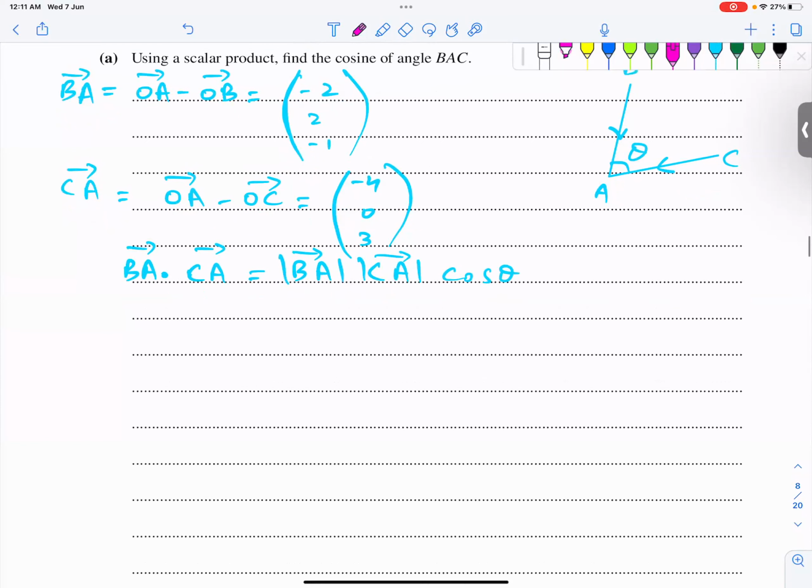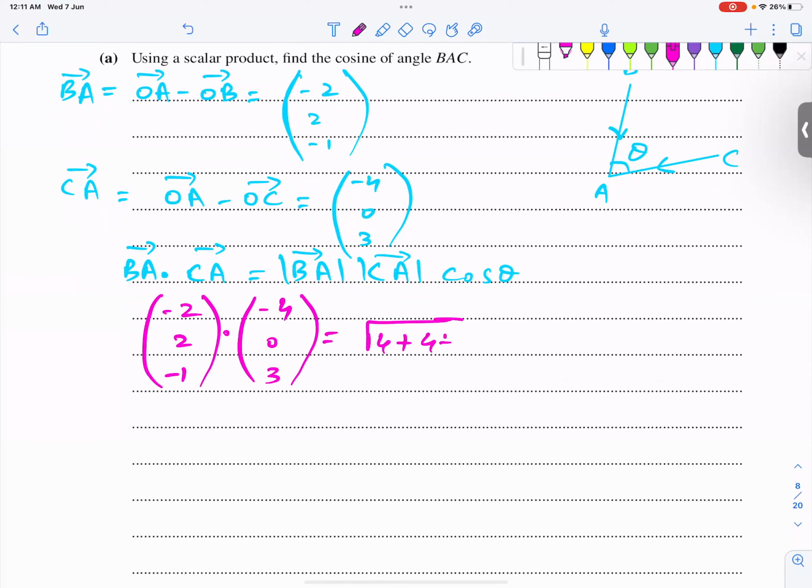Now take the dot product of BA and CA: (minus 2, 2, minus 1) dot (minus 4, 0, 3) equals the magnitude of the first, which is square root of 4 plus 4 plus 1, times the magnitude of the second, square root of 16 plus 9, times cos of theta.